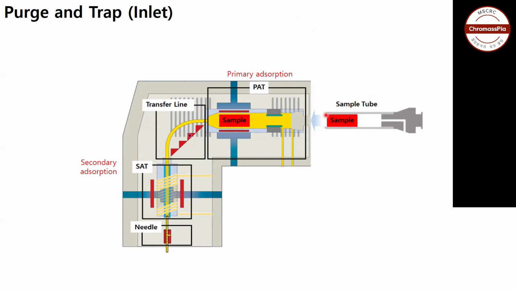That's because before we introduce the sample into the GC, we need to remove other materials, and you can get a cleaner and more concentrated sample.